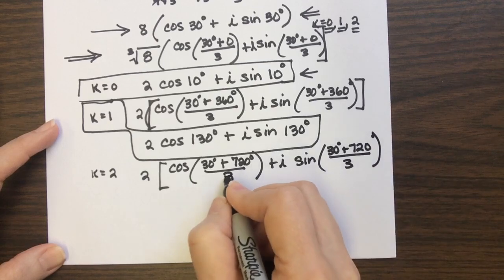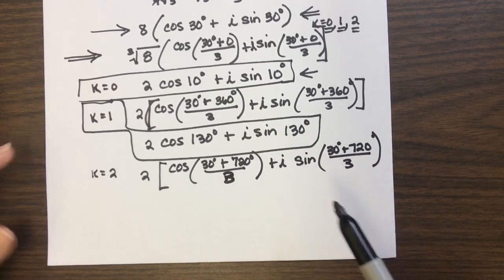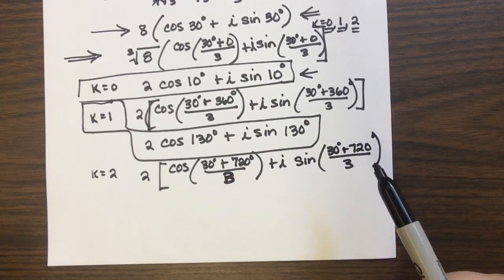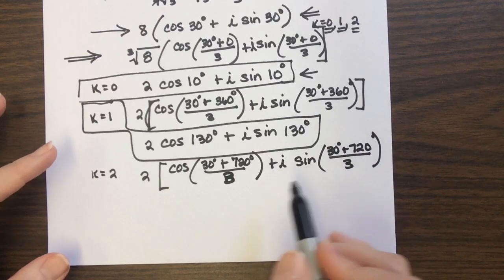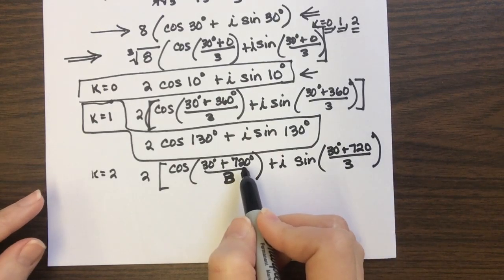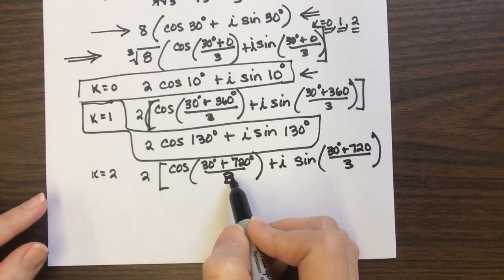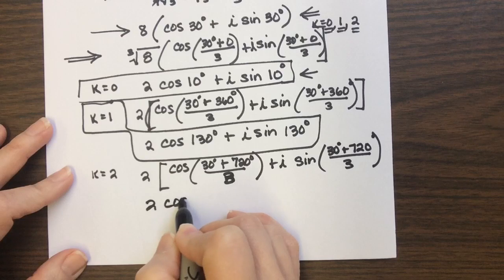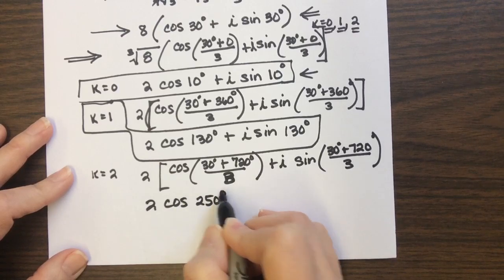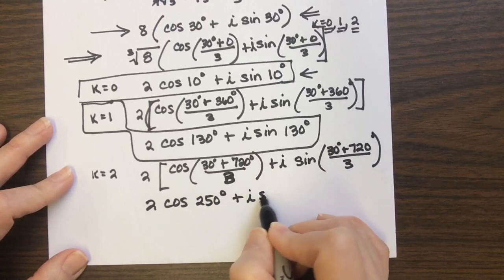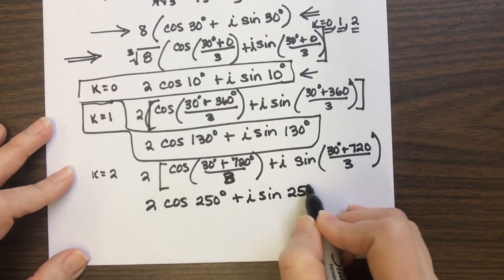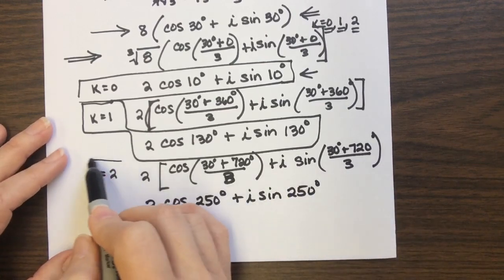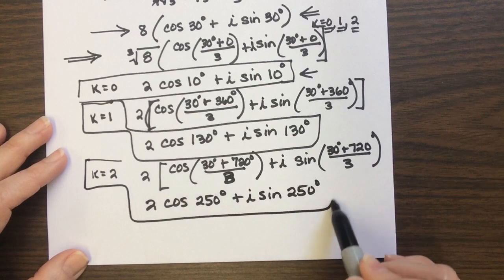I don't know why I didn't plug my 3 in there. So when we do this, we've got 30 plus 720 is 750 divided by 3 is 250 degrees, so this is going to be 2 times the cosine 250 degrees plus I times the sine of 250 degrees. So there's my third root.